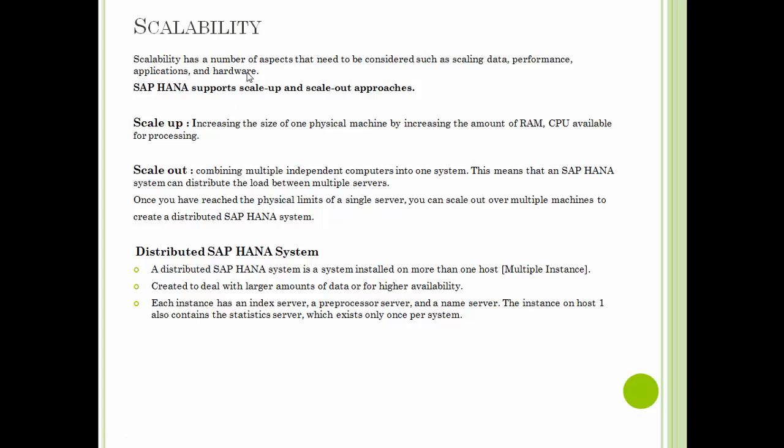So by this we mean scalability is a technique or a procedure which is used to scale up the server, scale up the hardware, or scale out the system. SAP HANA supports scale up and scale out approaches to support scalability.